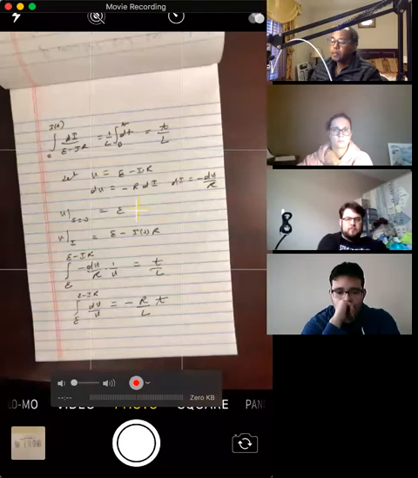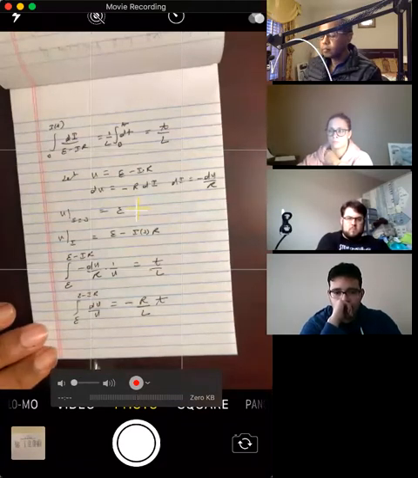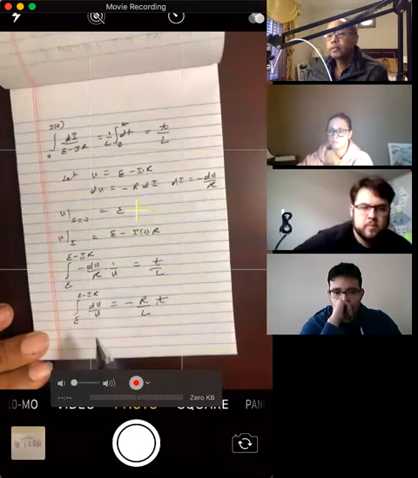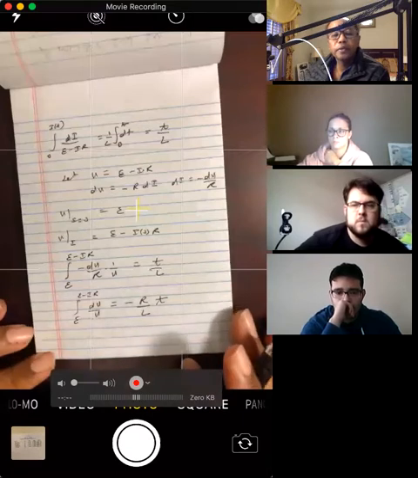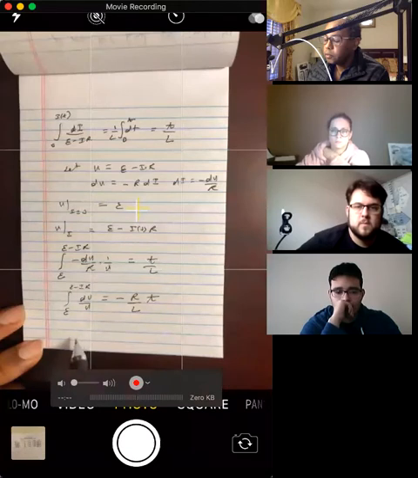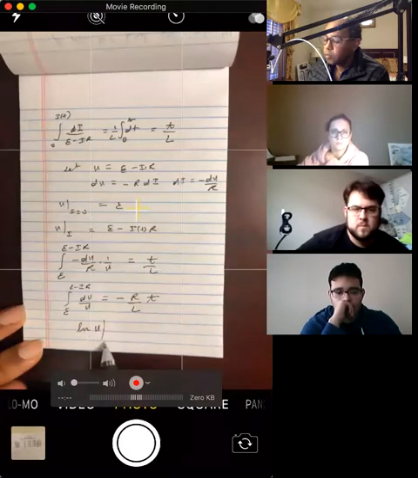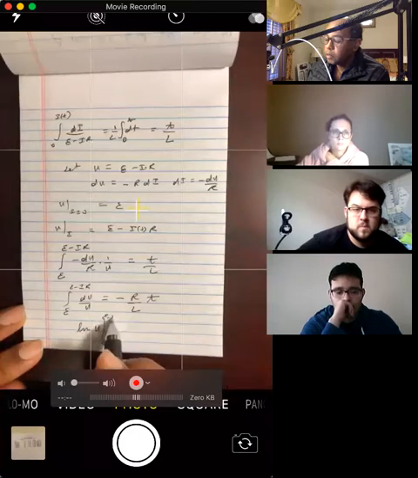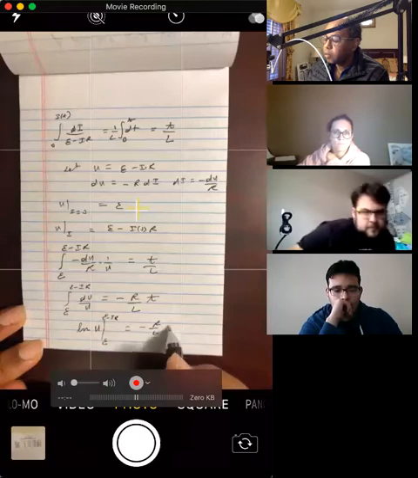And what's this integral? The integral of 1 over u is ln u, right? So you've got ln u going from E to E minus IR equals negative R over L t.